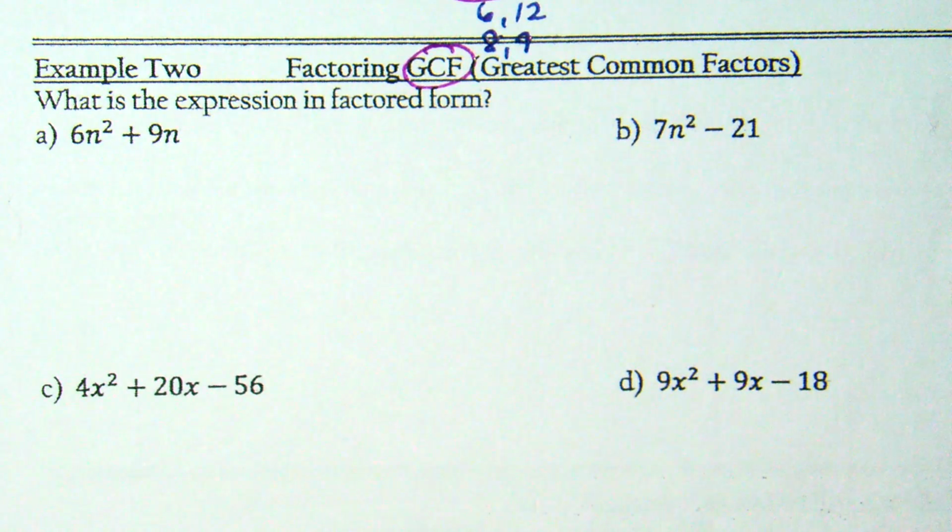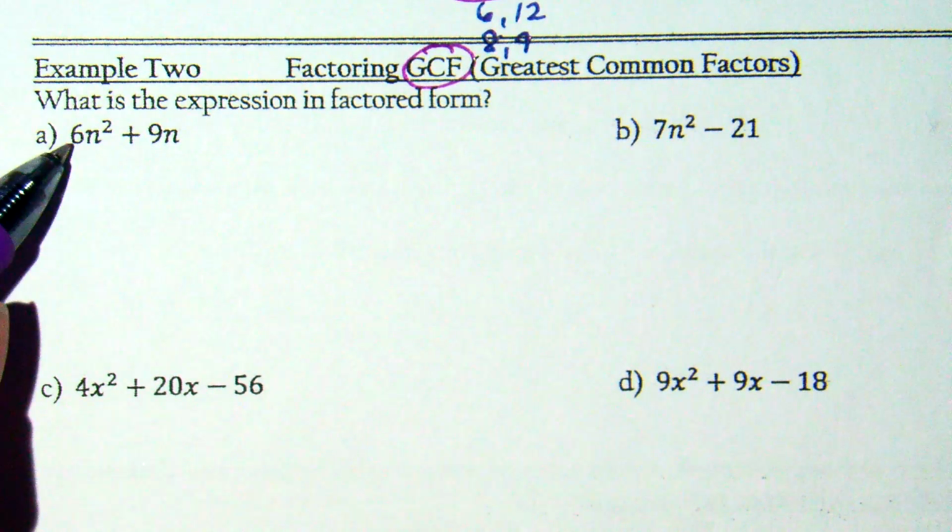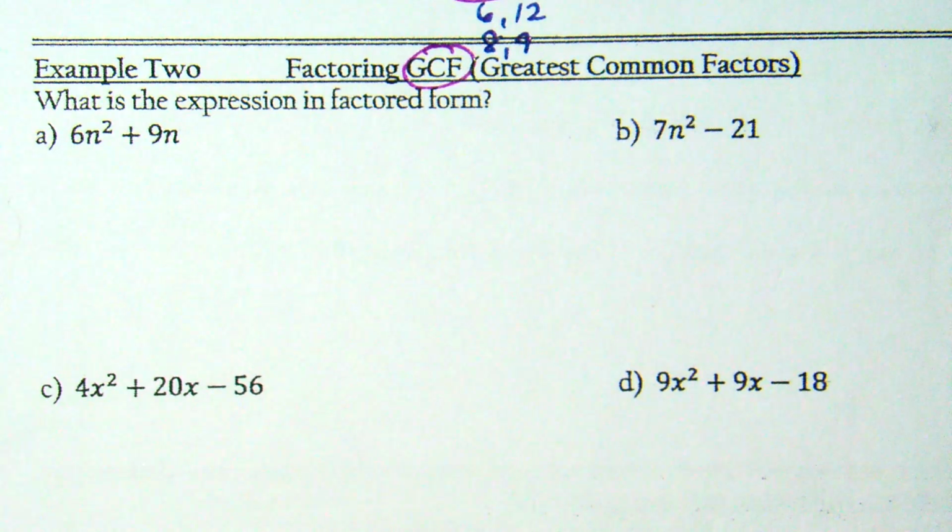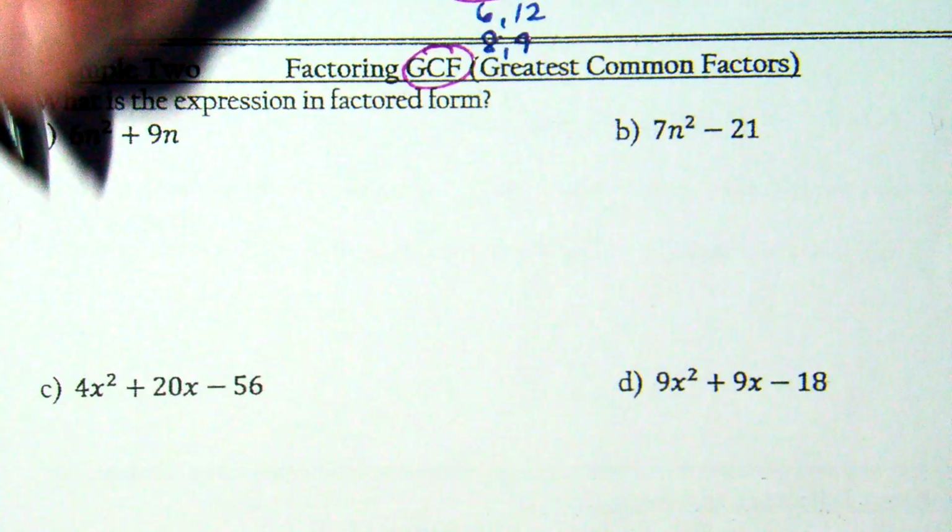So what we're looking at here is that 6 and 9 can both divide by 3. N squared and n both have one n in common, an n to the first. So what we're going to factor out is 3n.